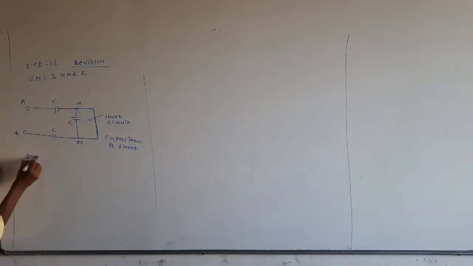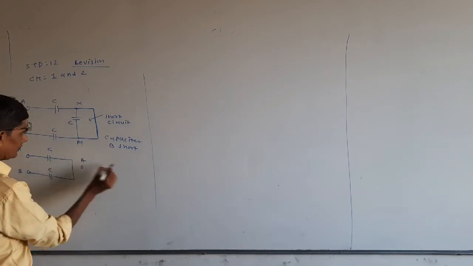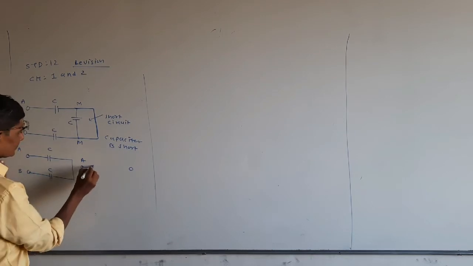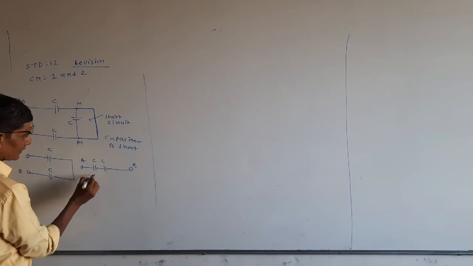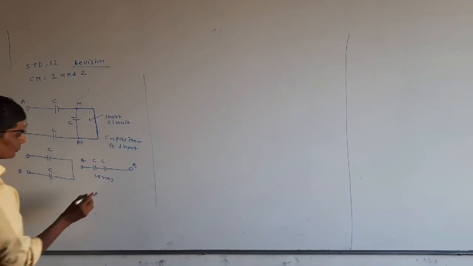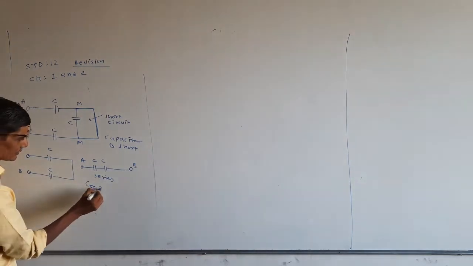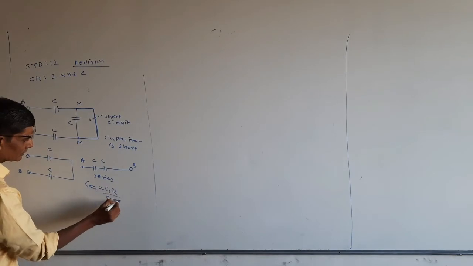So our equivalent circuit will become like this. Now we can see between A and B, these two capacitors C and C are in series. So C equivalent is C1 C2 upon C1 plus C2.